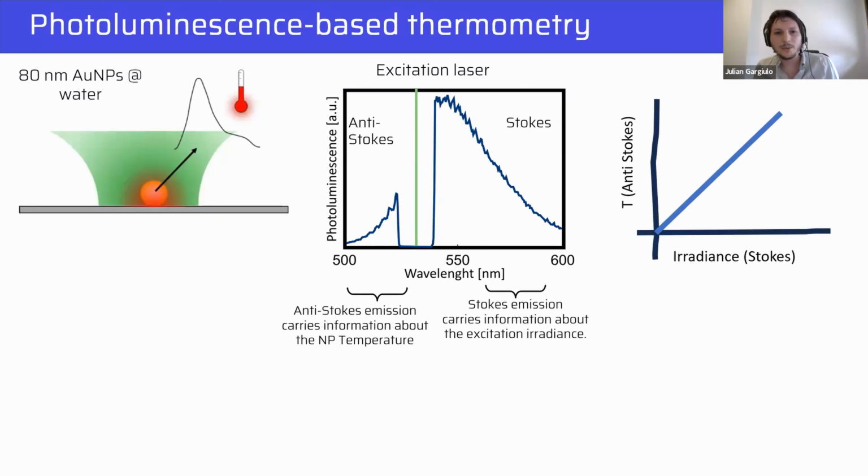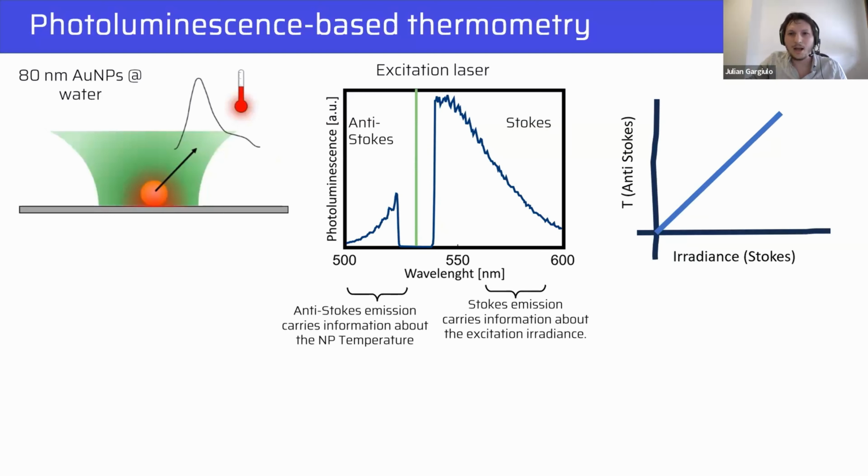And what is also very useful is that the Stokes part carries information about the excitation irradiance because it's linear with the excitation irradiance. So all the information that we need for the plot I mentioned before for the photothermal effect is here. From the Anti-Stokes, we get information on the temperature, and from the Stokes, we get information on the irradiance.